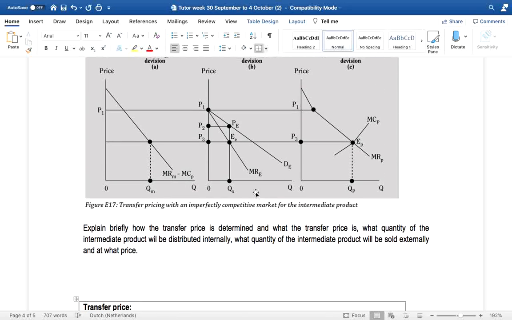So that's it. Our internal price is going to be P3, and the internal quantity is going to be QM. The external price is P2, and the external quantity is going to be QX. And all of this quantity is going to equal QP, the total that is produced by the production division.